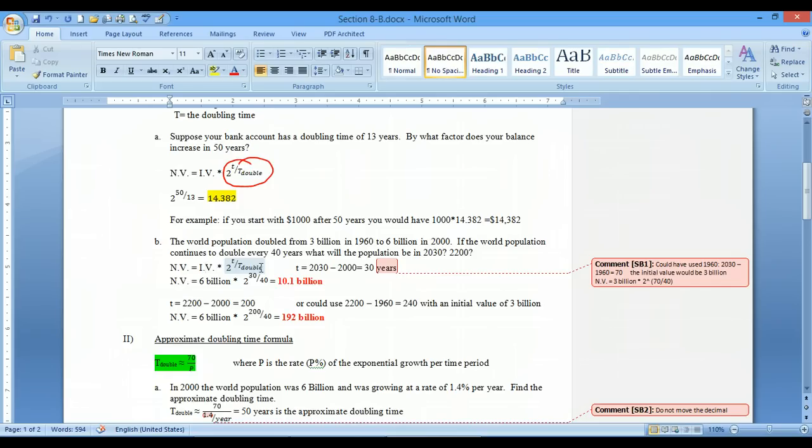So we need to figure out first how many years from 2000 to 2030. 2000 to 2030 is 30 years.